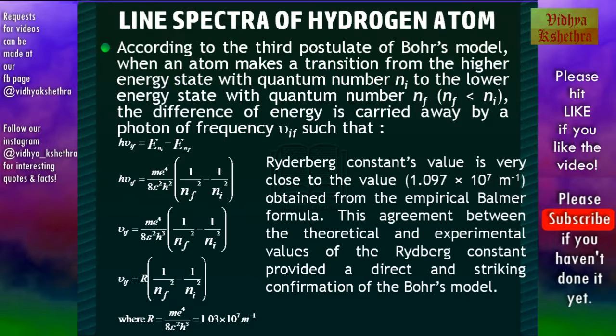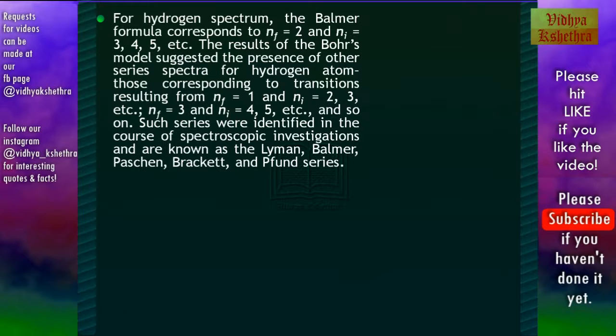This agreement between the theoretical and experimental values of the Rydberg constant provided a direct and striking confirmation of Bohr's model. So for the hydrogen spectrum, the Balmer formula corresponds to nf equal to 2 and ni equal to 3, 4, 5, etc.